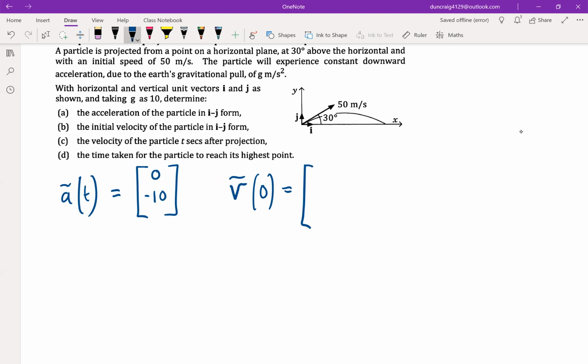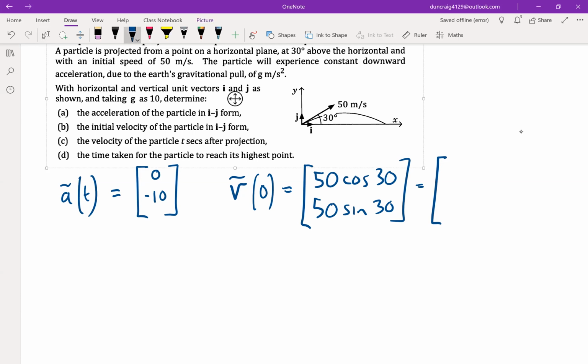So the horizontal component is going to be 50 cos 30, and the vertical component is going to be 50 sine 30, because you've got a right angle triangle with a 30 degree angle and a magnitude of 50. That simplifies down: 50 cos 30 is 50 root 3 over 2, so it's 25 root 3, and sine 30 is a half, so that's just 25. So there's our initial velocity.